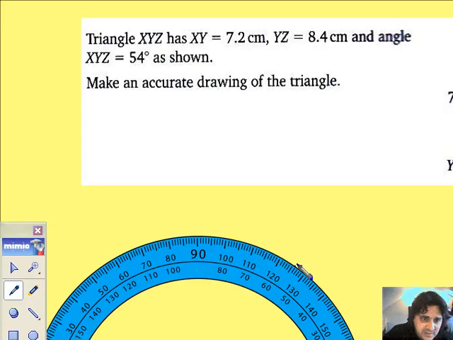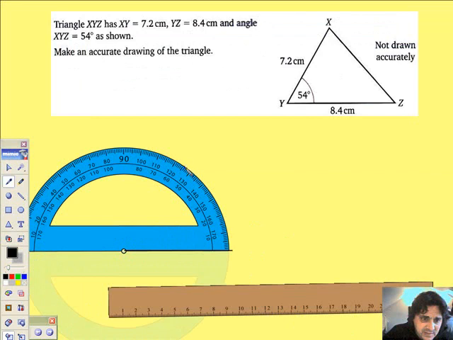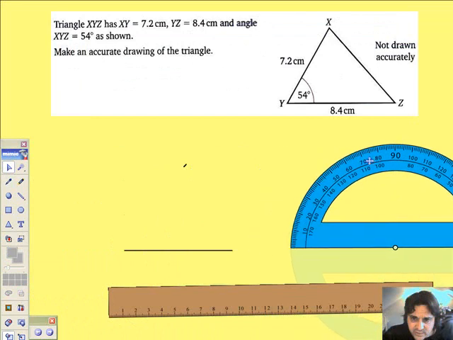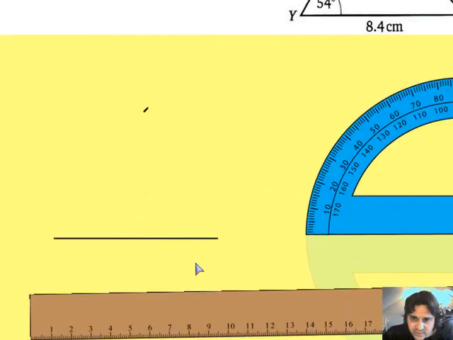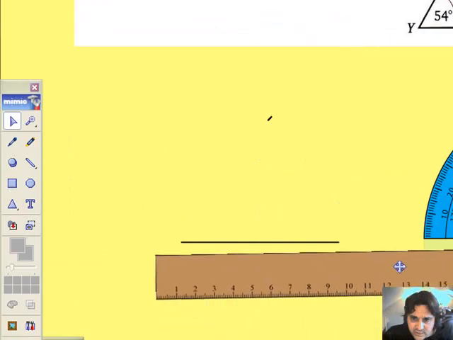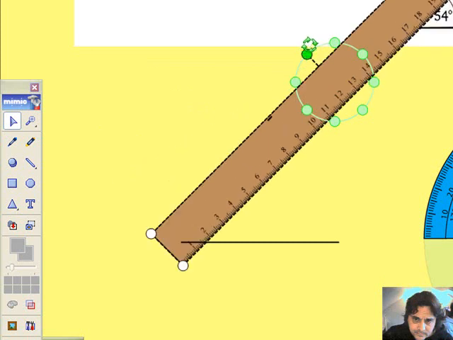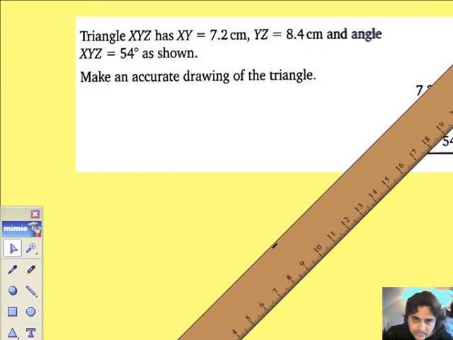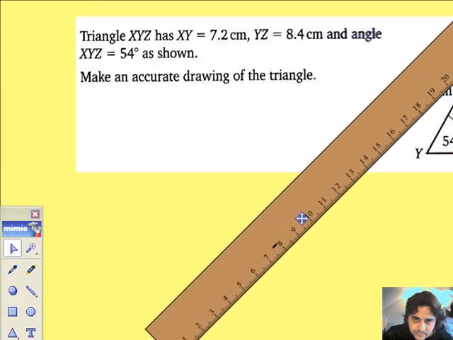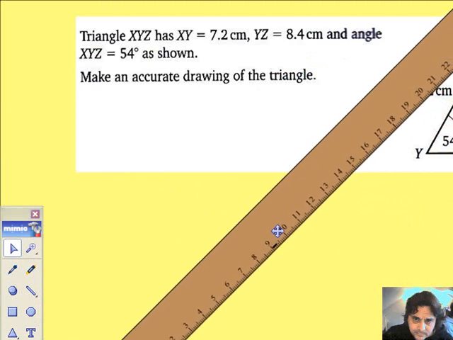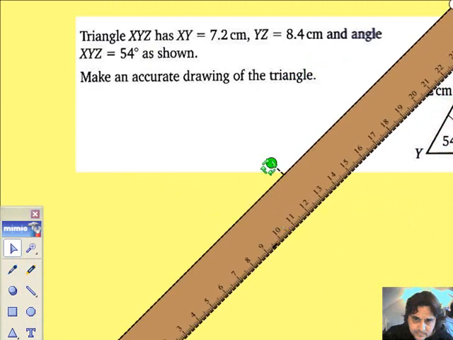That's that. Next job, I've got to measure 7.2 off in that direction. This is the hard bit because I've got to get this thing to rotate correctly. So here we go. You turn around and try to look good. Let's see if that works, shall we? No, rotate it a bit more. Let's try that. 7.2 in that direction.